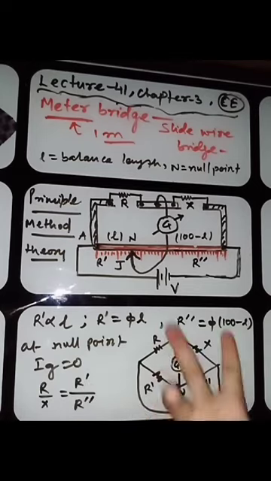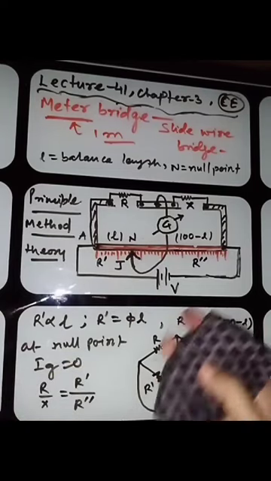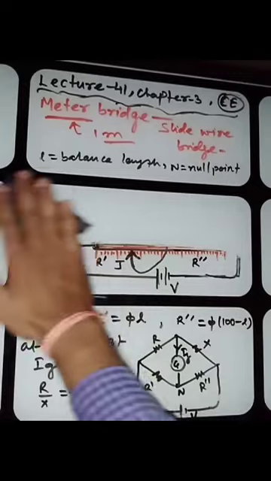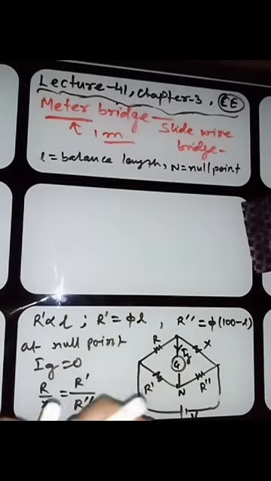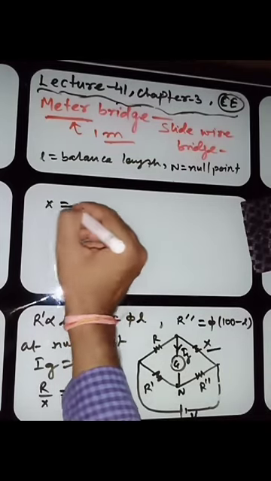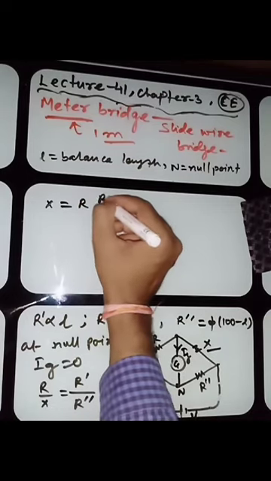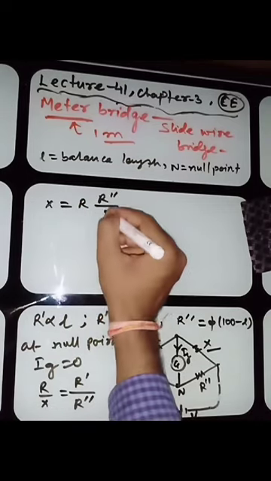Okay. Now your problem is solved. You have to find the unknown resistance X. So let me erase this one. You can write the unknown resistance as X. So X is equal to R times R double dash divided by R dash.